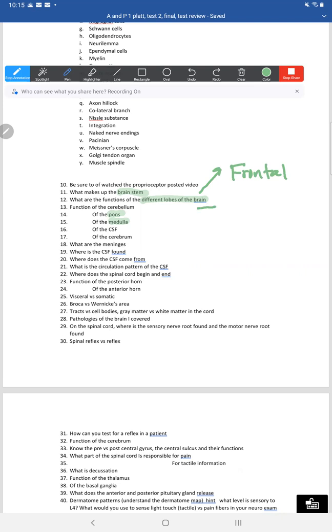Good. How about another one? Occipital. Temporal. Good.